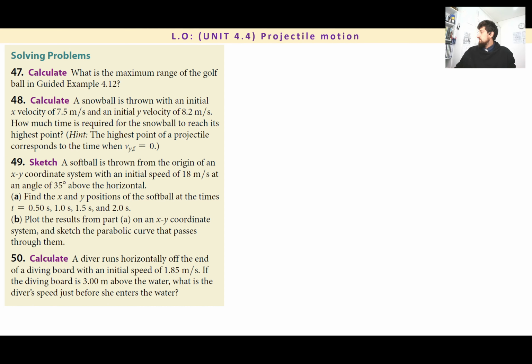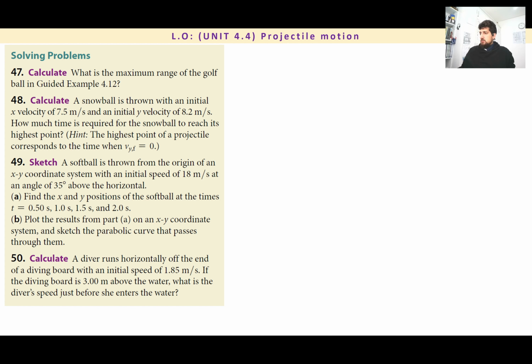Calculate the maximum range of the golf ball. Example 4.12. Now we know that range is going to equal R, which is the initial velocity squared over something over g.